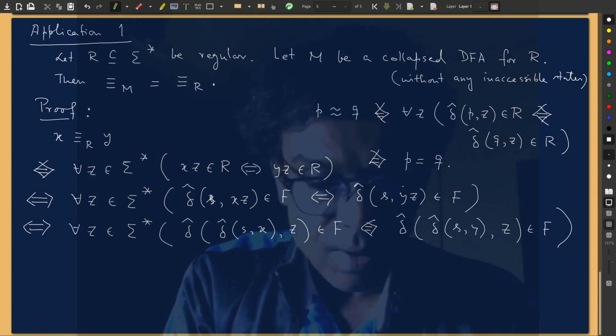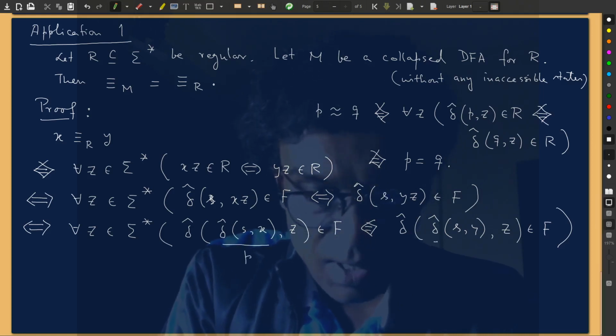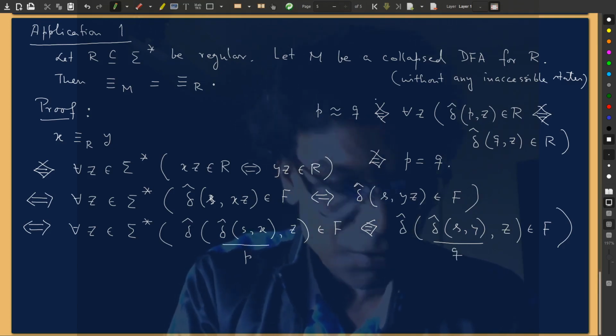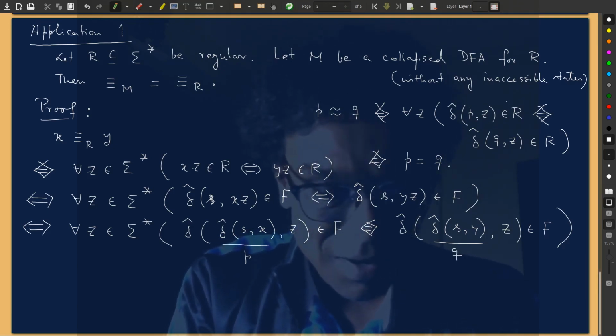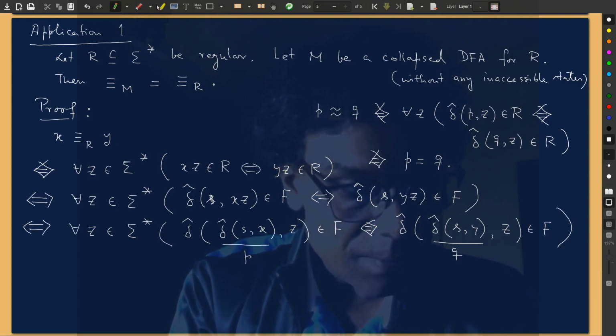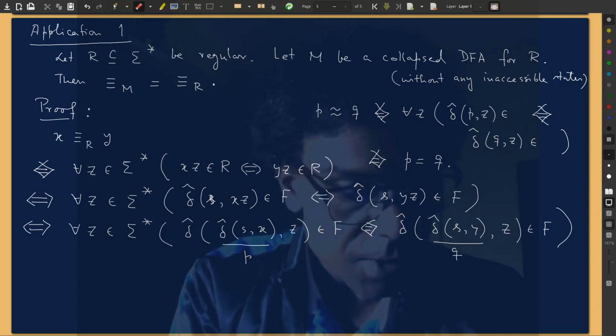Okay. Now if I consider this state P, and if I consider this state Q and use this, okay, so delta hat PZ is in, sorry, R is actually a string, so I should not have R here, I should have F here.